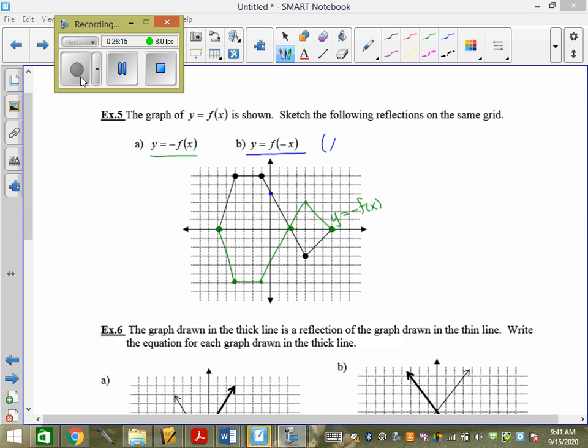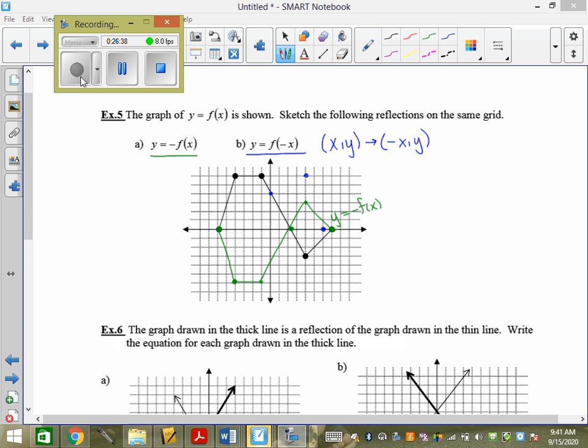So it's going to be x, y becomes negative x, y, right? So this is at negative 6 and 0. It's going to be at positive 6 and 0. And I'm going to go to my next one. It's at negative 4 and 6. It's going to be at positive 4 and 6.